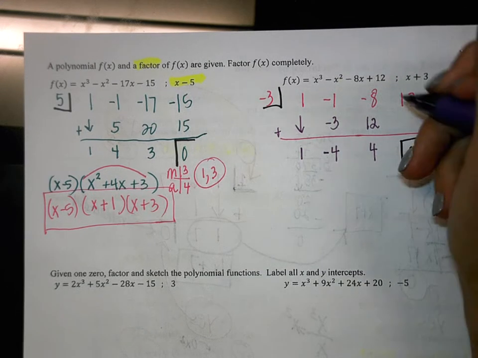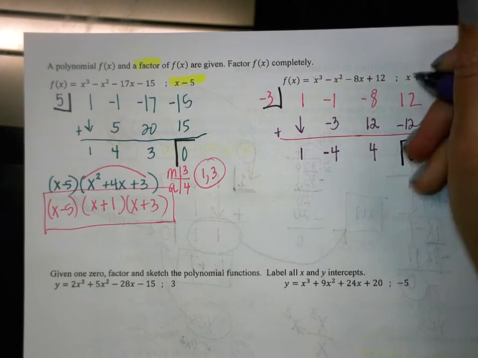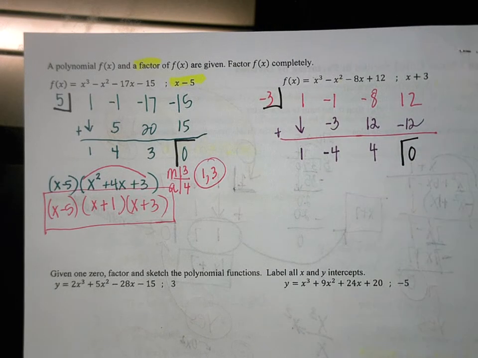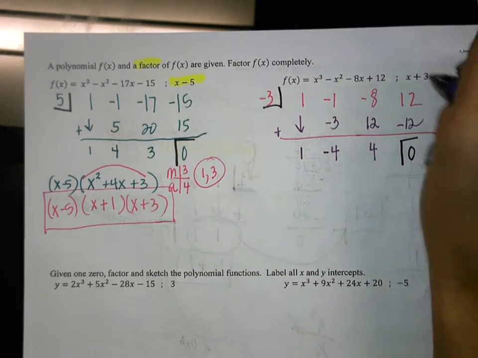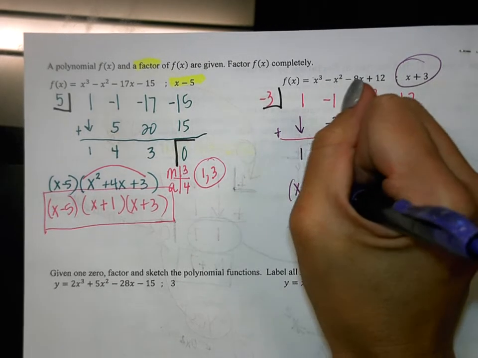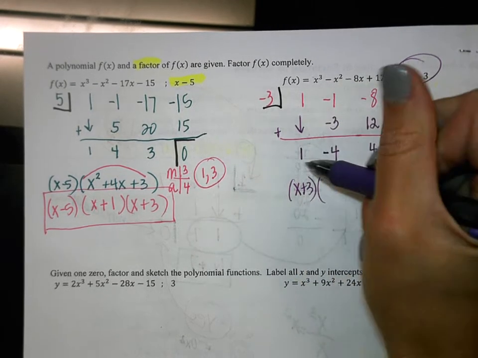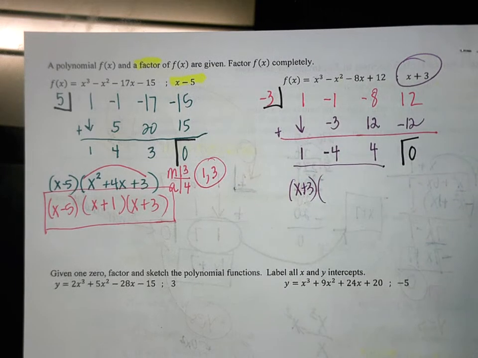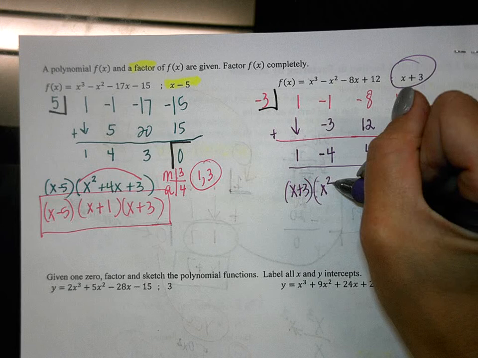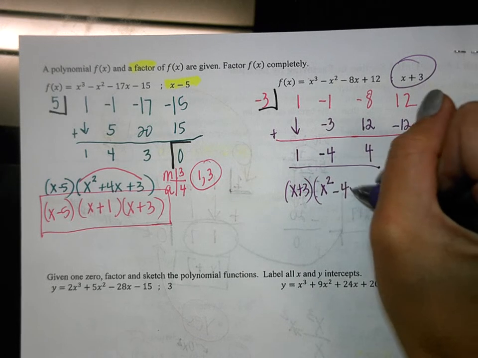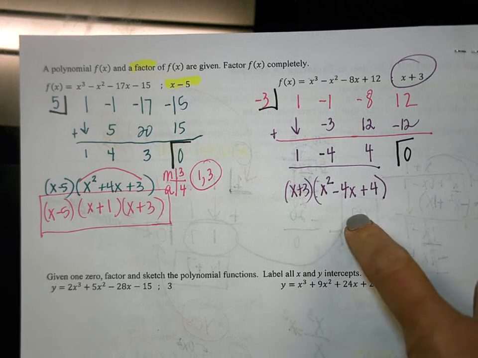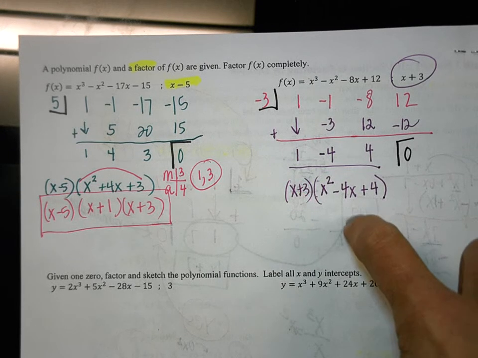Negative 12. And we add down and it does make 0. So let's write this out. We have this factor, which is x plus 3, and then this right here becomes what? X squared minus 4x plus 4. Okay, see if you guys can do the shortcut and finish factoring this one.